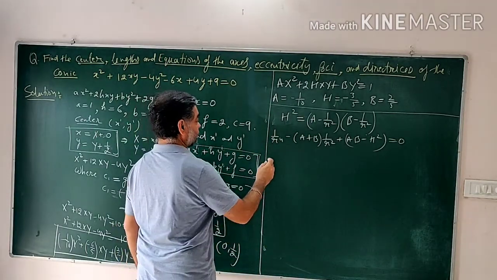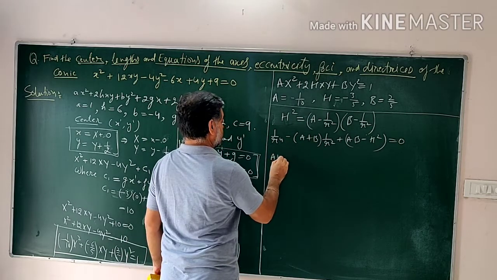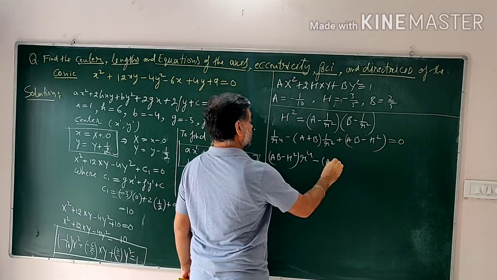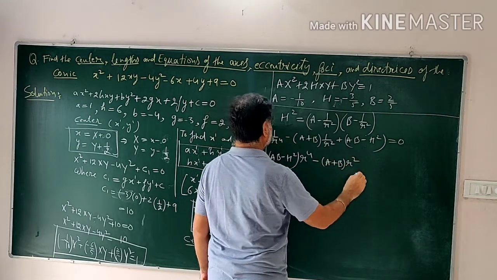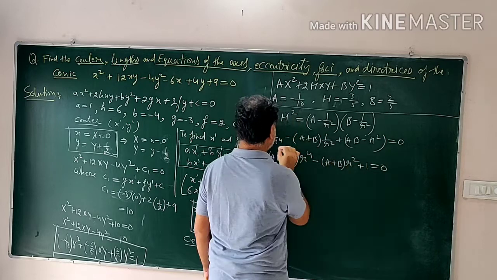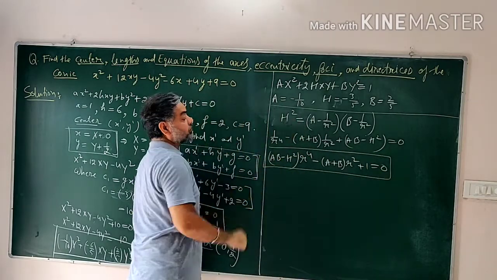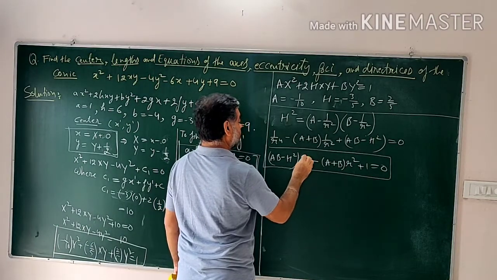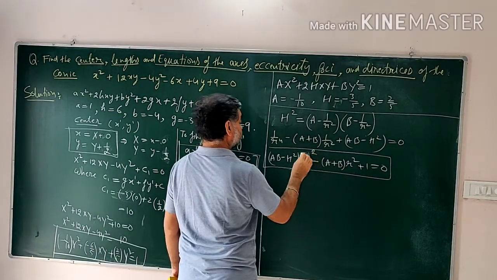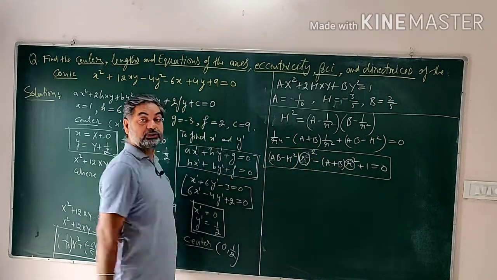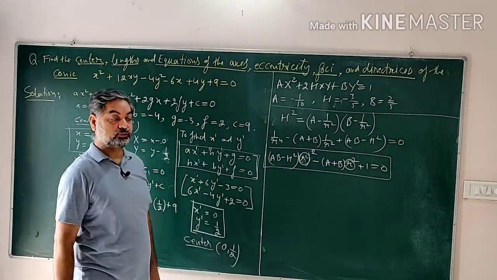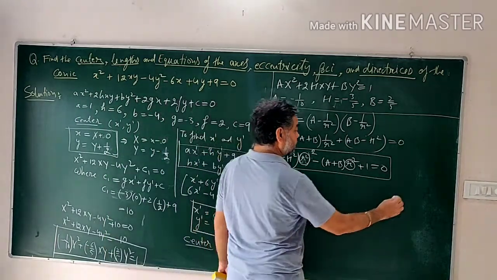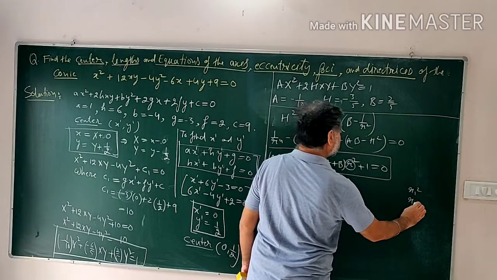This can further be written as (ab minus h square) r^4 minus (a plus b) r square plus 1 is equal to 0. This r^4 can be written as (r square) square, so you can see that this equation is a quadratic equation in r square. If you solve it for r square, you get two roots, r1 square and r2 square.